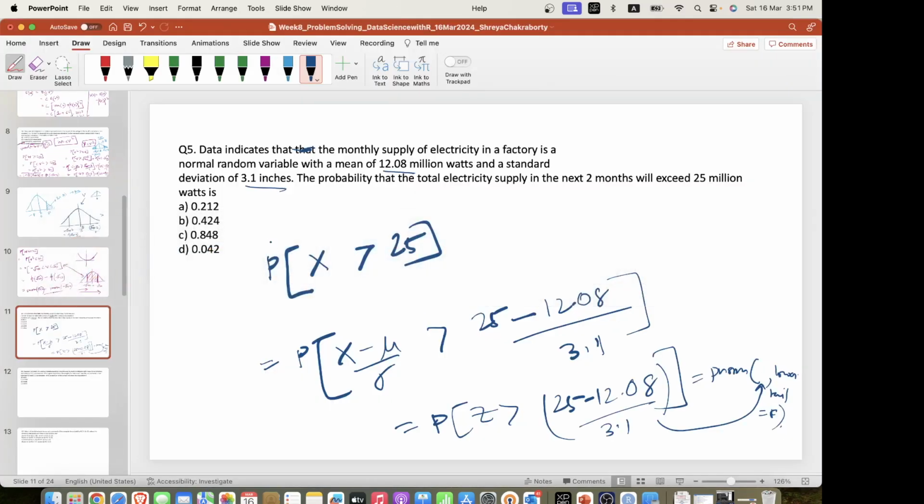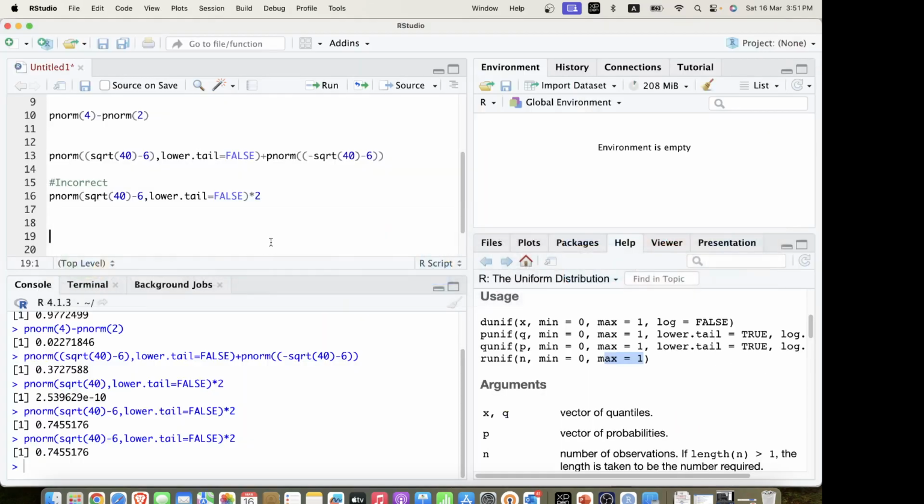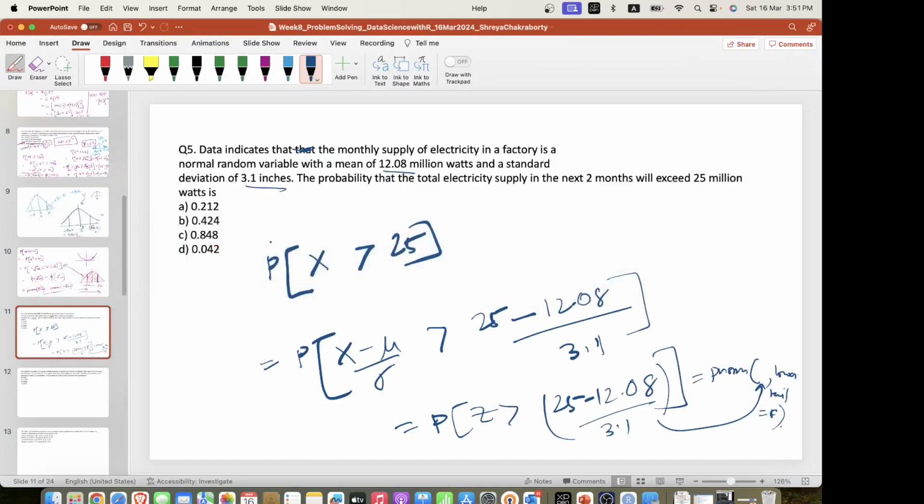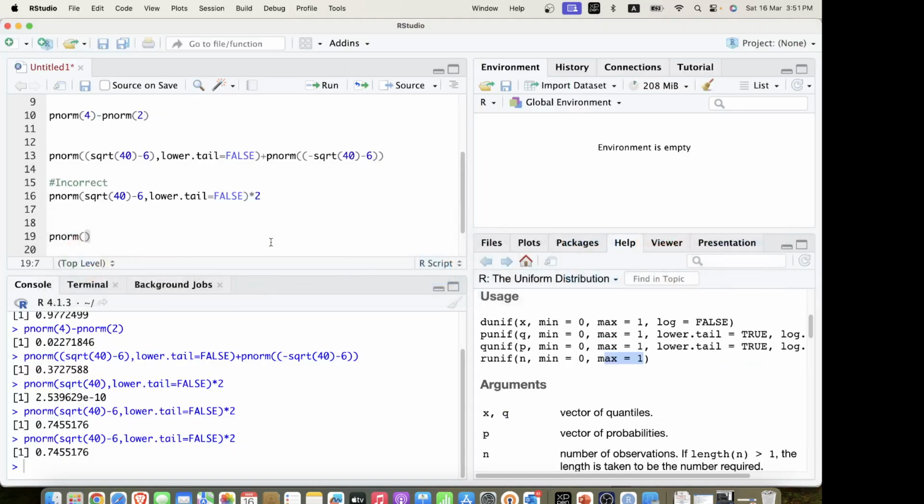This is pnorm of (25 minus 12.08 divided by 3.1), lower.tail equal to false.